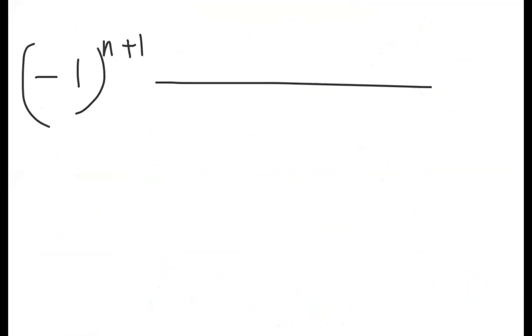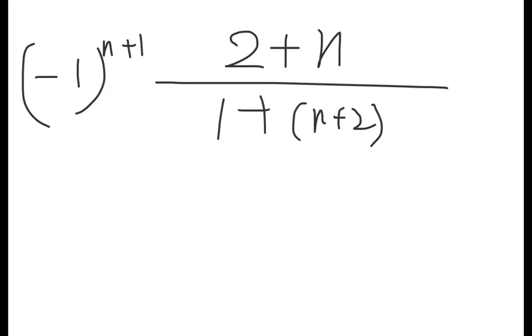You have -1 to the n plus 1 power. The numerator is an arithmetic sequence that has general form 2 plus n. The denominator is 1 plus a complete square, so (n plus 2) squared. So this is the general term a_n.